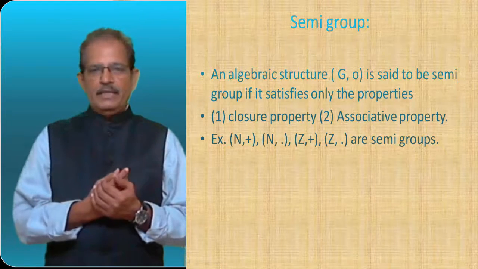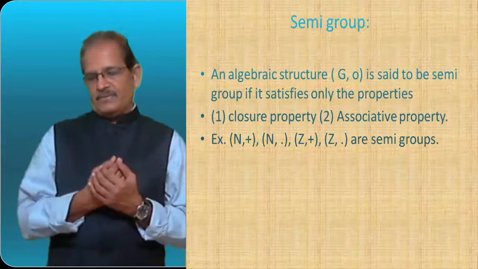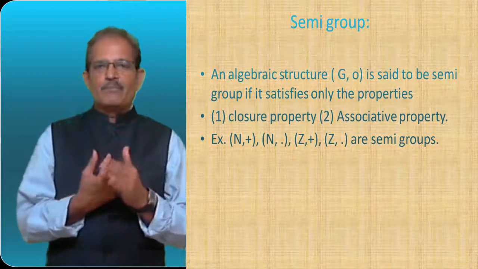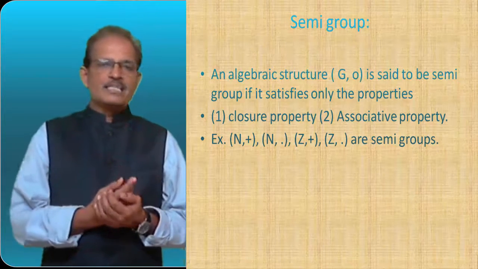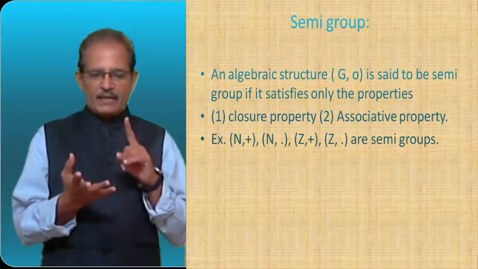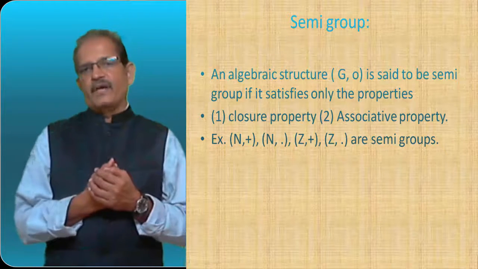Closure property. 2. Associative property. What this means is that a non-empty set G with binary operation O satisfies only two properties. First property, closure property. Second property, associative property. Remaining properties are not satisfied.